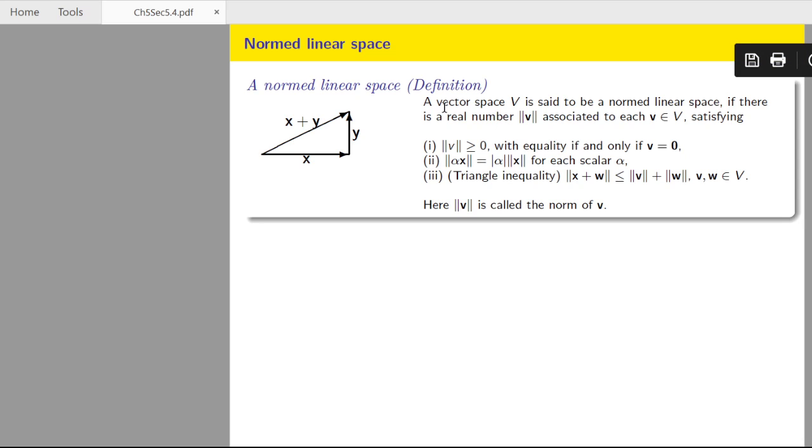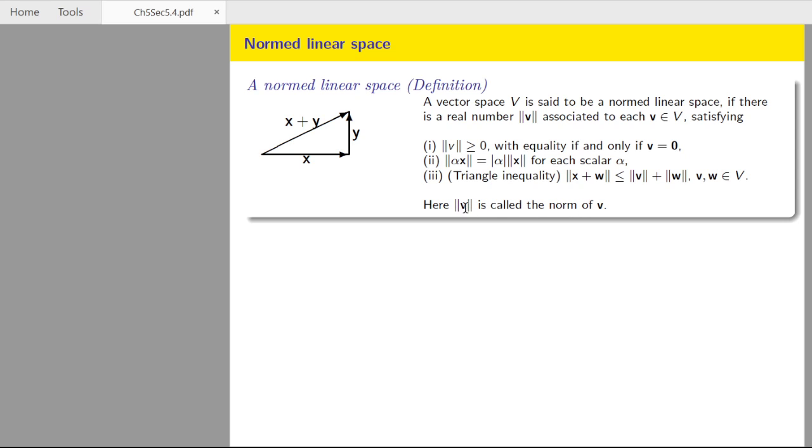And we say this vector space is a normed linear space if there is a real number associated to each vector v belonging to the vector space V. Now, this real number satisfies three conditions. This symbol is called the norm of v.